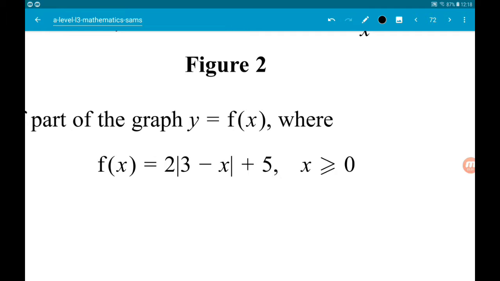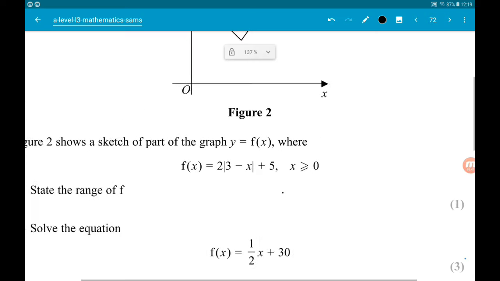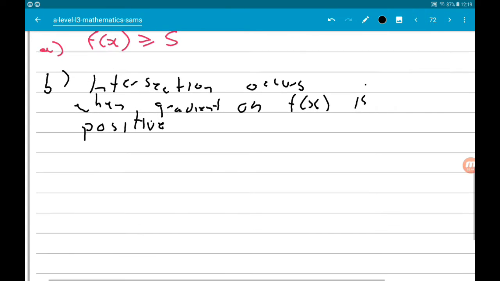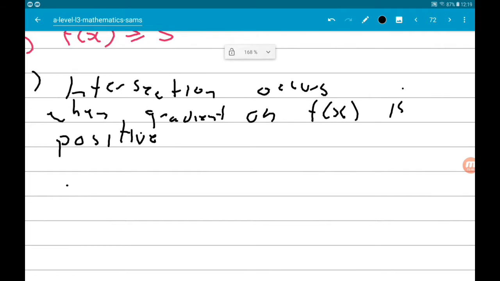But because we are in a restricted domain, we're only doing the one where x is positive. So we are setting 2 lots of x minus 3 add 5 equal to half x add 30.